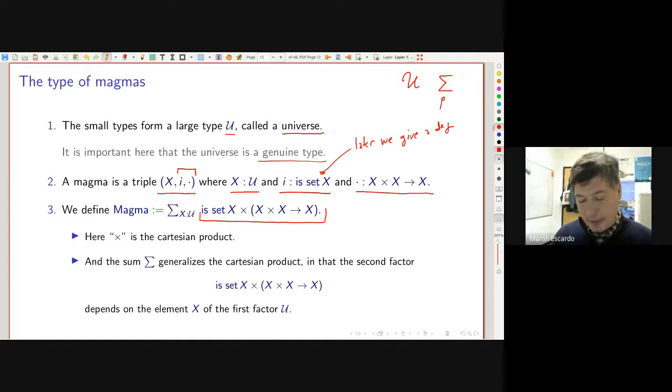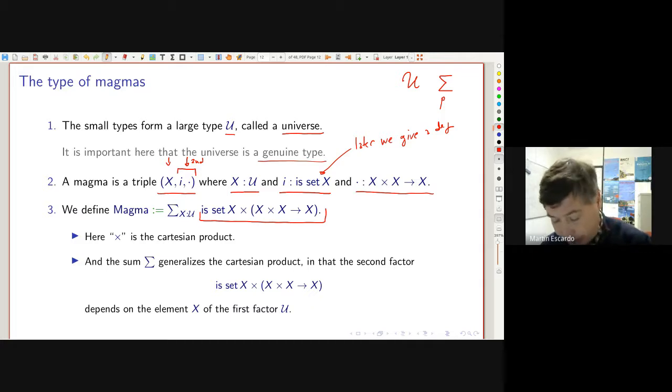Now the sigma type is a little bit like the Cartesian product in that it is a type of pairs. Here is the first element, and here is the second element of the pair. But what happens is that the second component can refer to the first component.